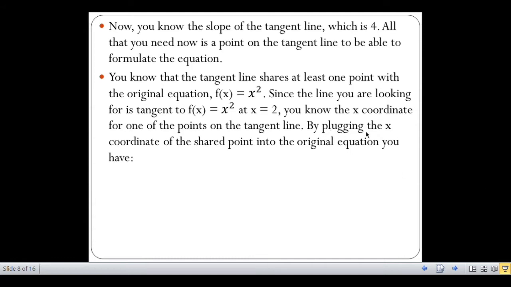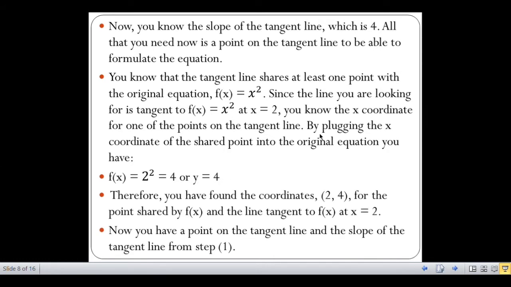By plugging the x coordinate of the shared point into the original equation, you have, ito na po siya class, we have f of x equals 2 squared. Saan po galing yung 2? Yung 2 po dito class, pinalit natin dito, di ba x squared? X equals 2. So yung x dito class, papalitan natin ng 2. So 2 raised to 2, we have 4, or y equals 4. Therefore, you have found the coordinates 2 and 4.